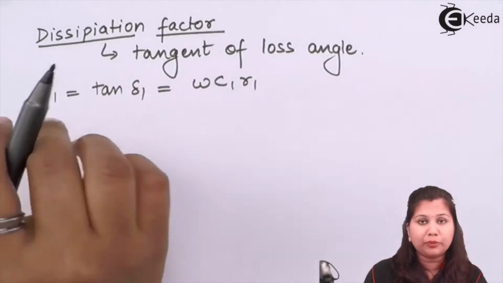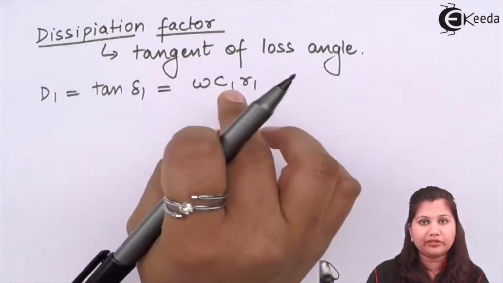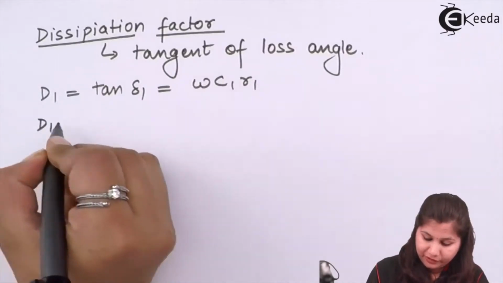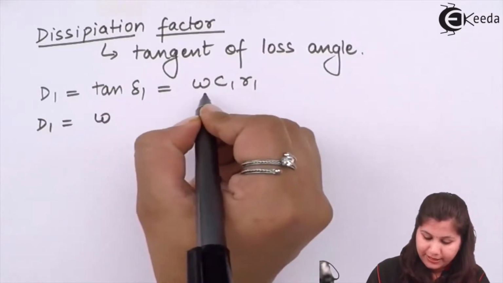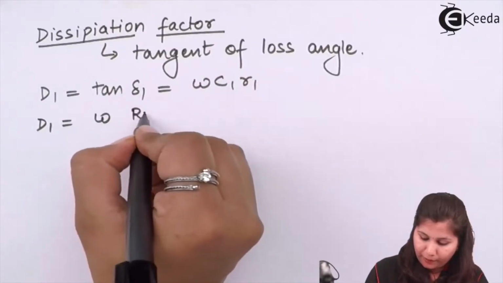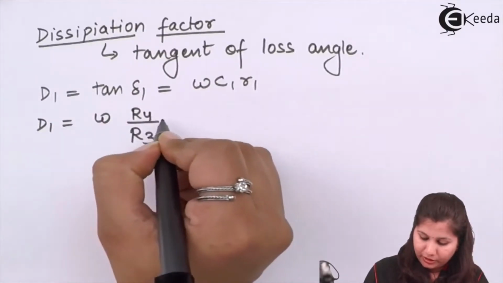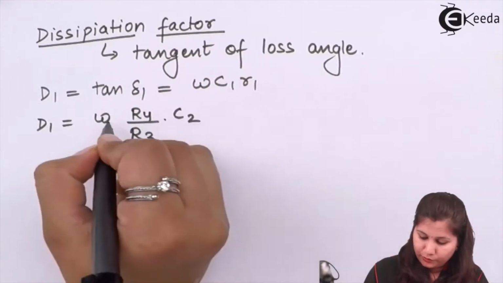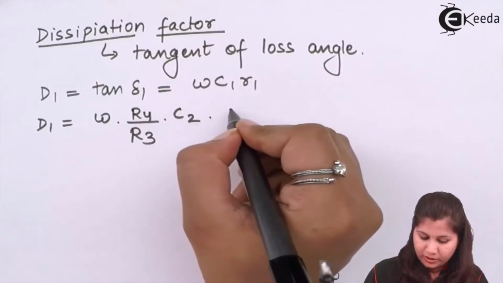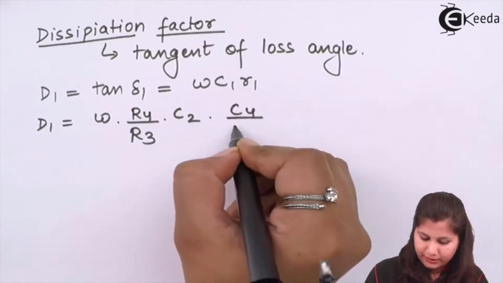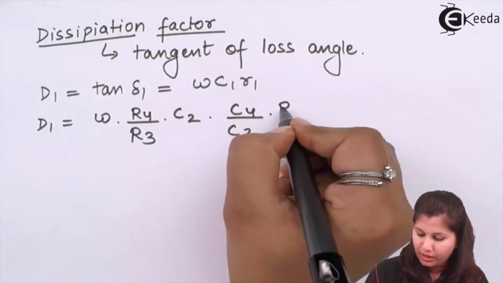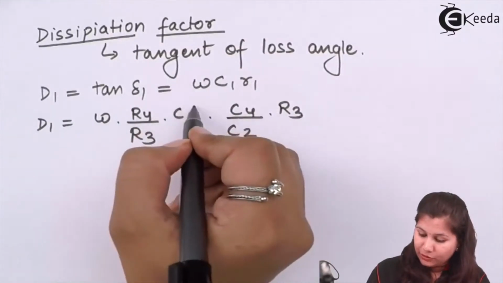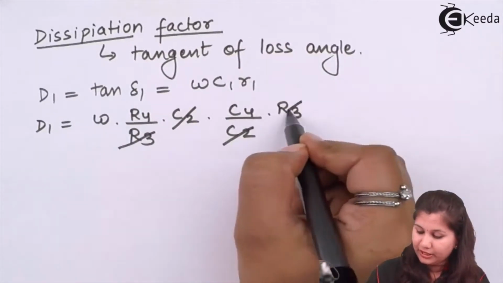So just putting the value of C1 and R1 in this equation, we will get D1 equals omega. C1 is what? R4 upon R3 into C2. R1 is what? C4 upon C2 into R3. C2, C2 cancel, R3 and R3 cancel.